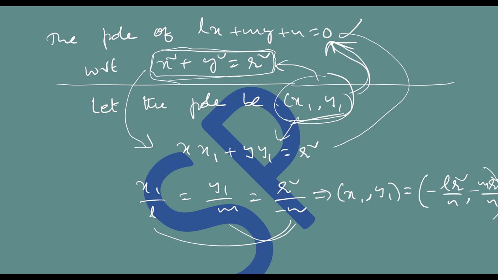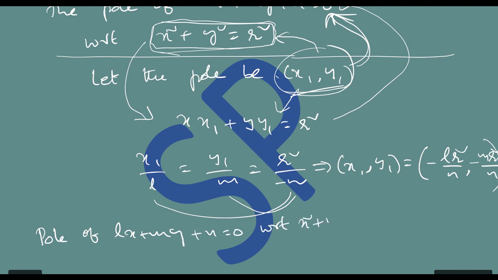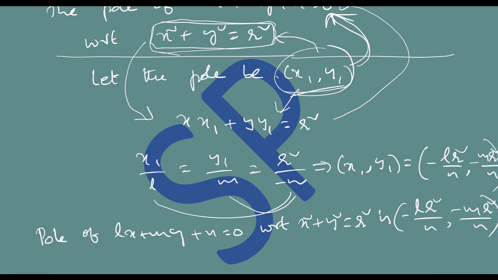It is up to you. So the statement goes like this. Pole of Lx plus my plus n equal to 0 with respect to x square plus y square equal to r square is minus lr square by n comma minus mr square by n. We memorize this as a formula.